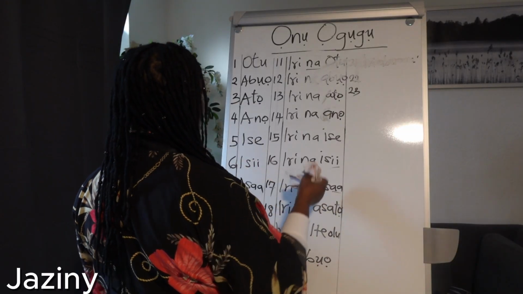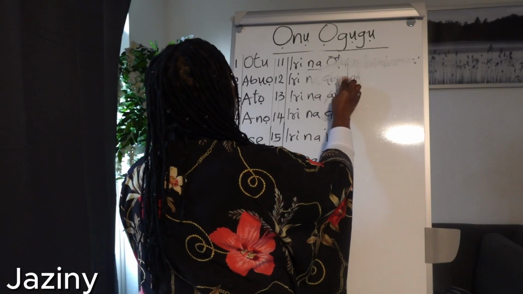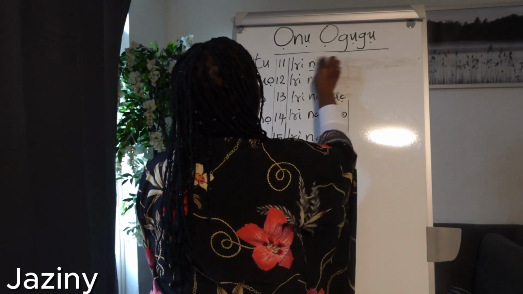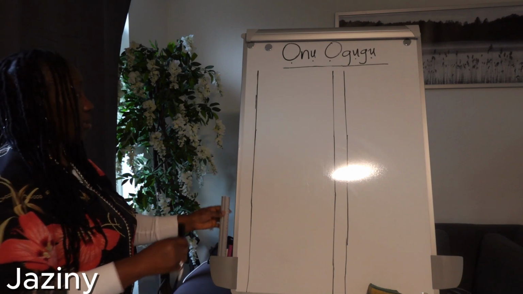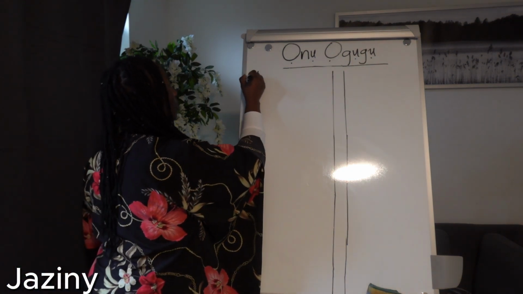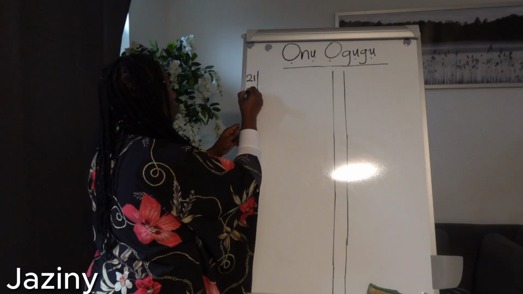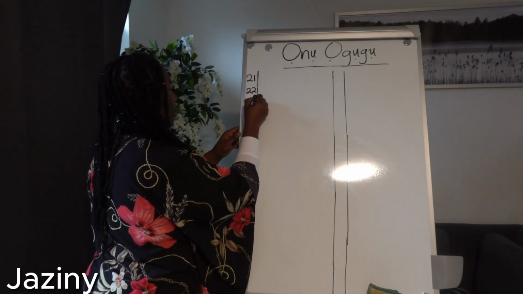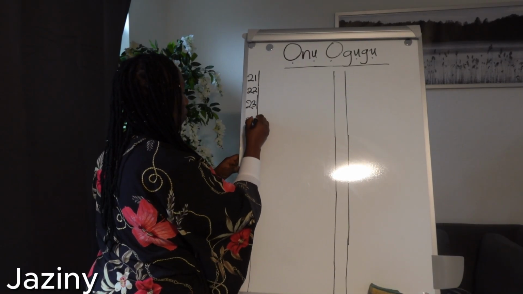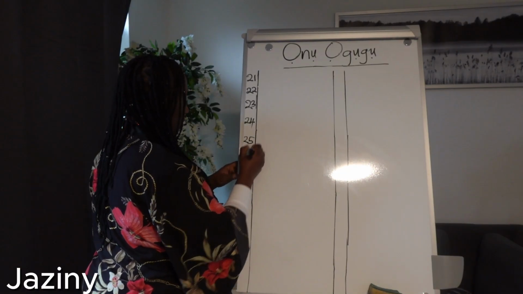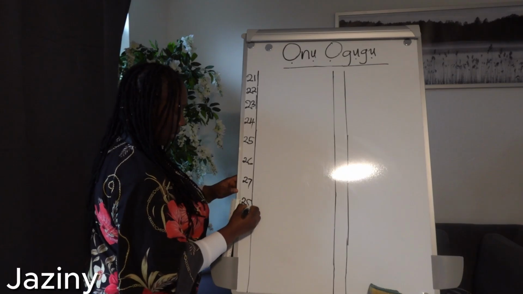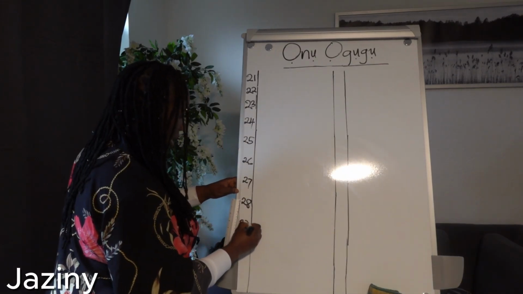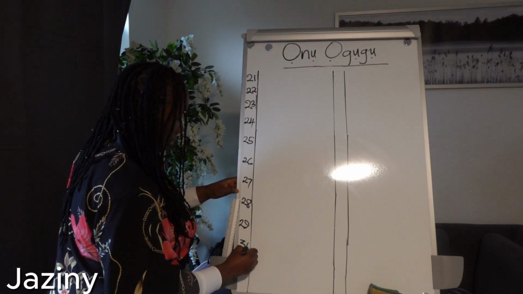So I will need my space. I will have to continue. Okay, let's go ahead. 21, 22, 23, 24, 25, 26, 27, 28, 29, 30.